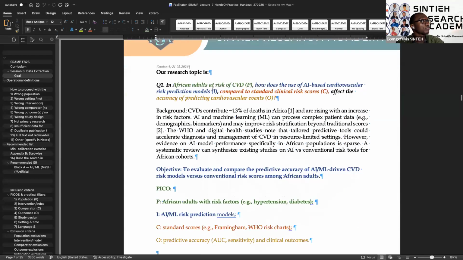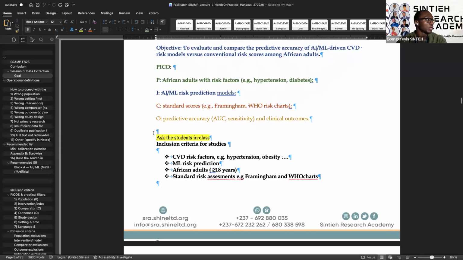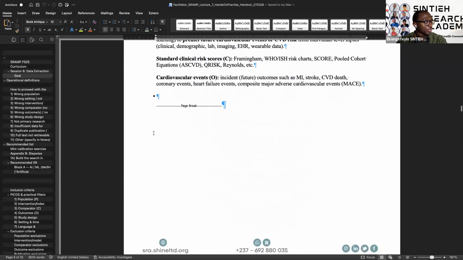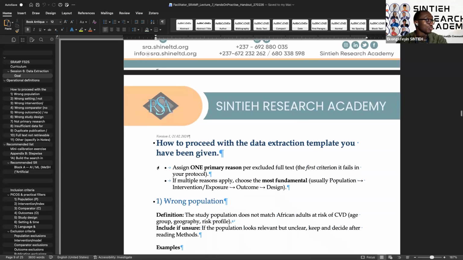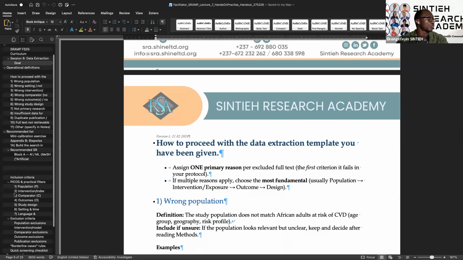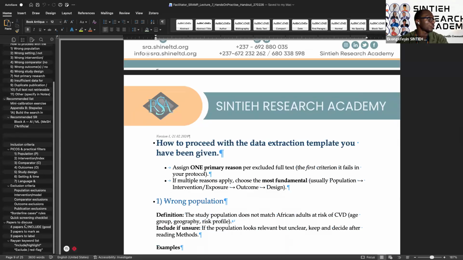The study was in an African population of people with cardiovascular disease, or at risk of cardiovascular diseases: how do AI-based cardiovascular risk models compare to standard risk scores in affecting the accuracy of predicting cardiovascular outcomes? So that's what we're working with, and we've done this already. You had this as your handout to follow in order to do the screening properly. And so obviously I was expecting all of you to send me your Excel sheets for screening.